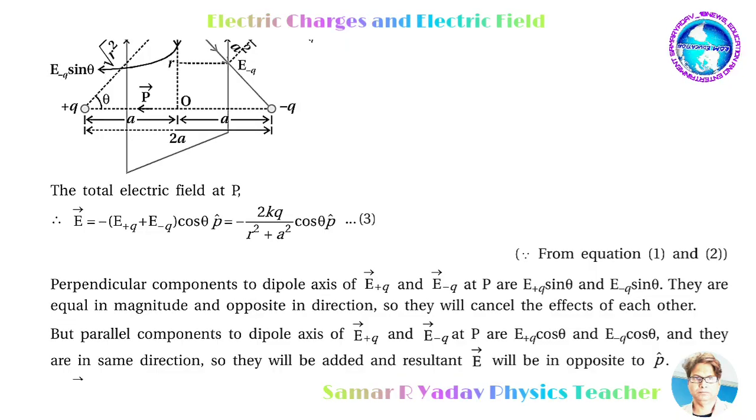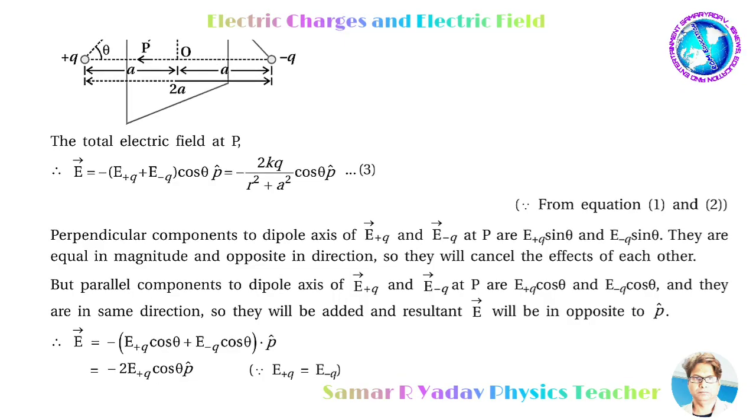The perpendicular components to the dipole axis of vector E plus q and vector E minus q at point P are E plus q sin theta and E minus q sin theta. They are equal in magnitude and opposite in direction, so they cancel the effect of each other. But the parallel components to the dipole axis are E plus q cos theta and E minus q cos theta, and they are in the same direction, so they will be added.